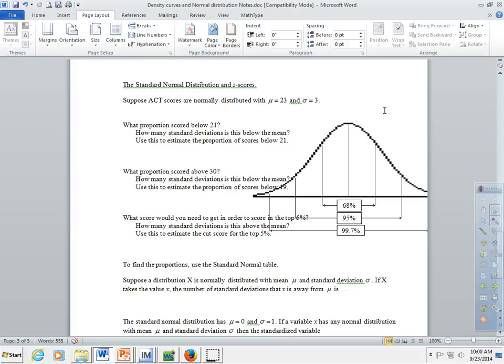So if we go back to this ACT distribution, and we wanted to know, sorry, some technical difficulties here with my board.